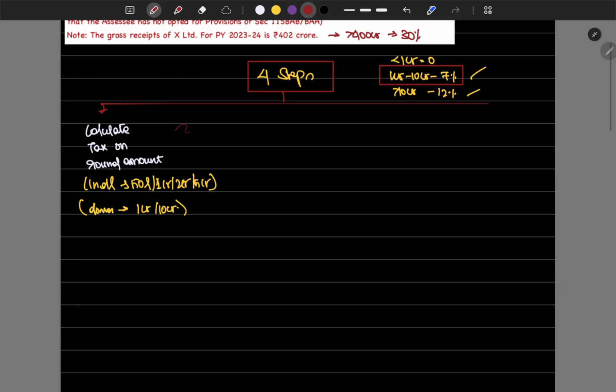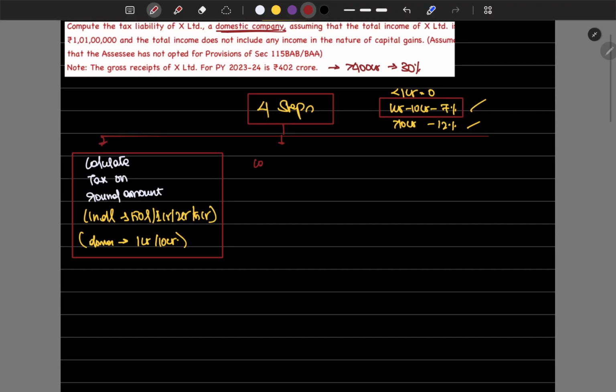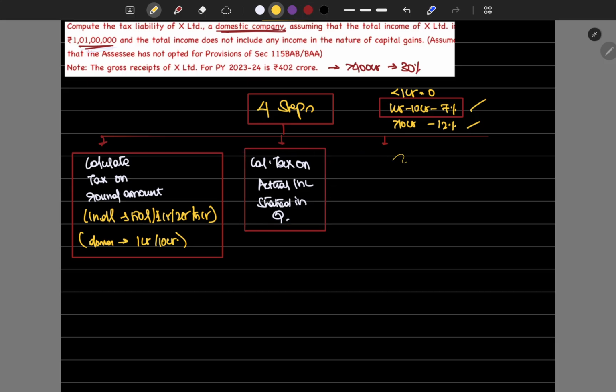Now we are going to find out the tax on the round amount first. The next is to calculate the tax on the actual income stated in the question, which is 1.01 crore. Then calculate the marginal relief.